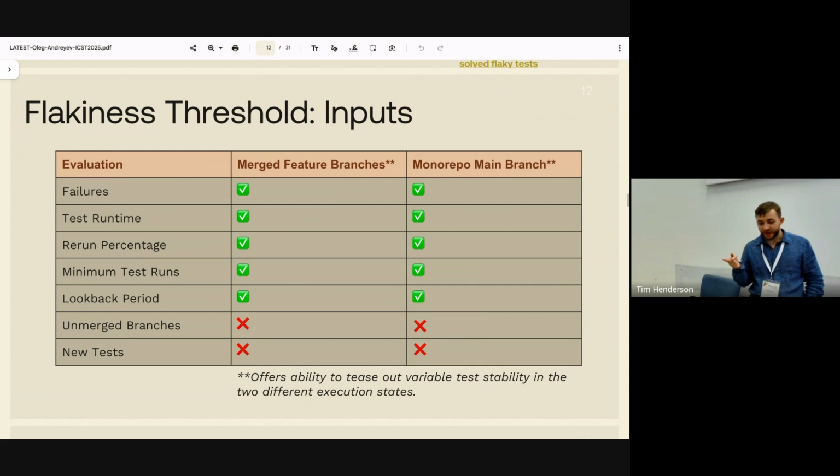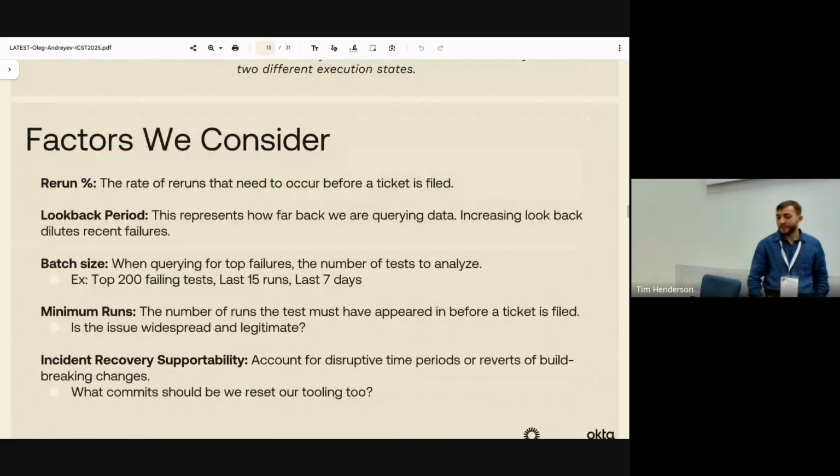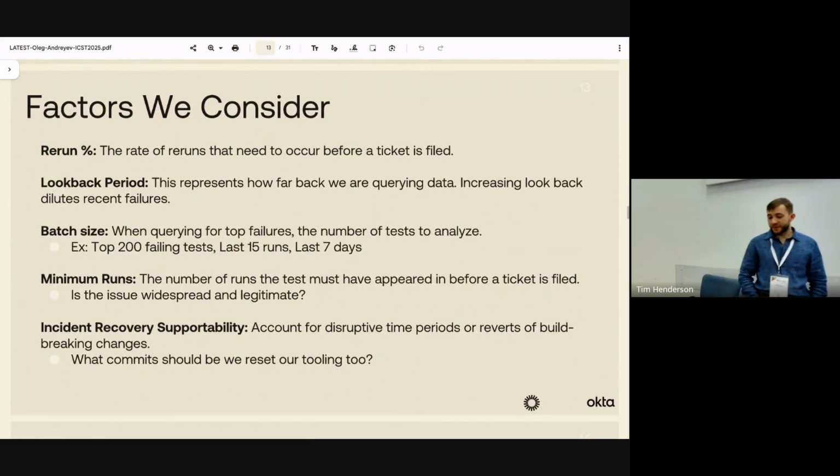Non-obvious signals like test runtime, rerun percentage, and minimum test runs also provide a good signal to noise ratio. And obviously it's important to remove noise: tests from unmerged branches, kind of obvious, and new tests, which are not yet mature. Next slide.